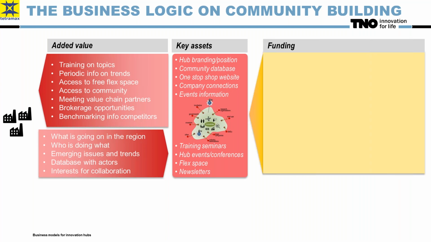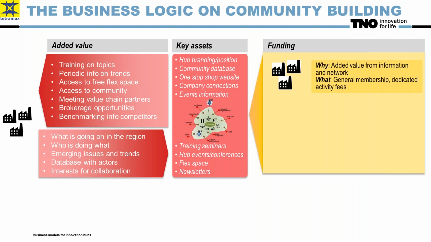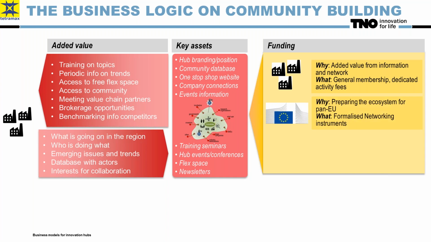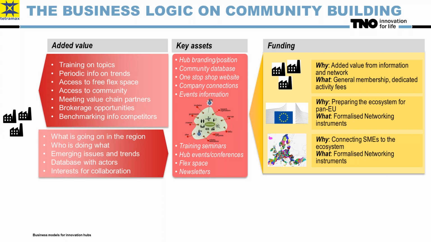And then funding. This is about capturing value. Why would the industry do that? Added value from information and network. How do they pay? General memberships and some dedicated activity fees. This is about organizing conferences and getting some fee, or training sessions, etc. The Commission loves preparing an ecosystem for pan-European collaboration. This is the innovation actions.